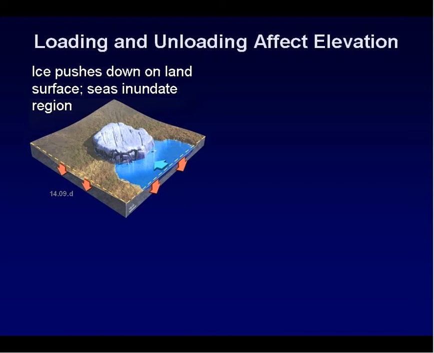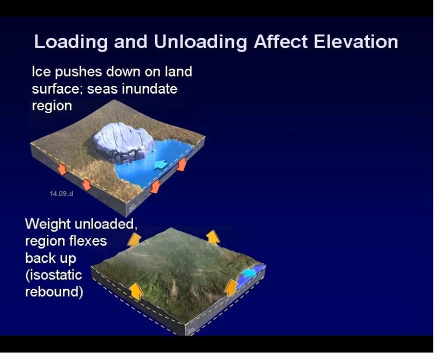If we think about significant accumulations of ice, and we're talking here about ice sheets, where we might have thicknesses on the order of miles to several miles, then these are a significant mass, of course, and they push down the crust. And when they push down the crust, they allow the seas to inundate it, as we show in this first figure here. The opposite of this, of course, is when we have glaciers melting away.